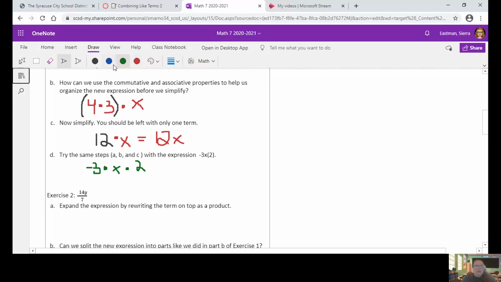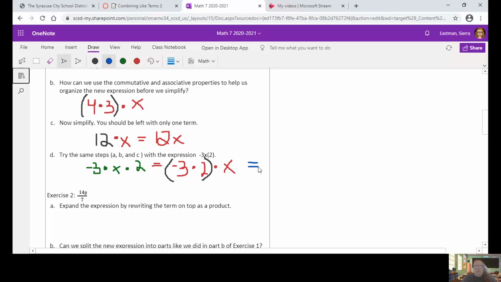Then I'm going to go ahead and rewrite this, but I want to use my properties to organize it just a little bit. I want that -3 to go with that -2. So I'm using my commutative property to change the order. And then I want to use my associative property to make sure that I'm multiplying those first.